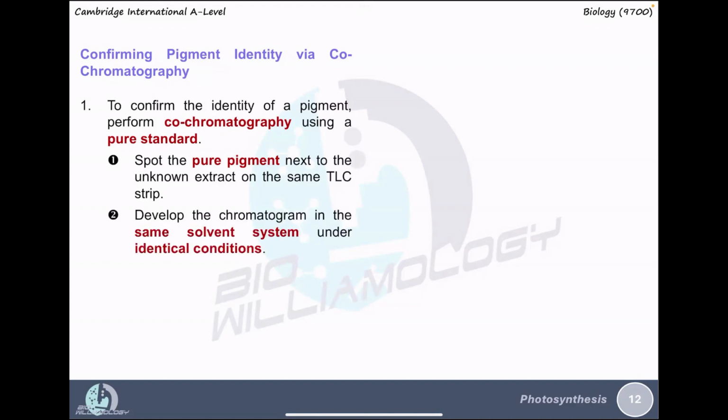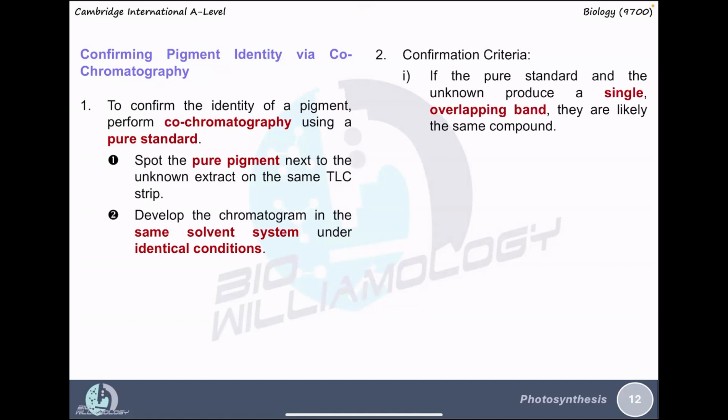We develop the chromatogram in the same solvent system under identical conditions. So what are the confirmation criteria? To confirm, first, the pure standard and the unknown must produce a single overlapping band, and they are likely to be the same compound. Both must have the same RF value and similar color.